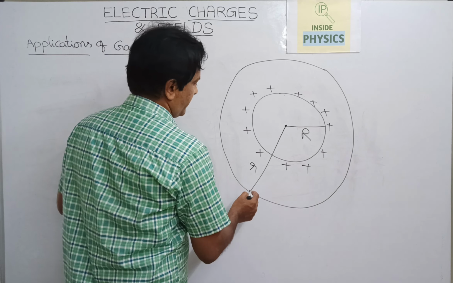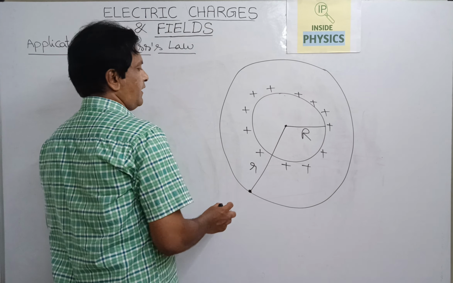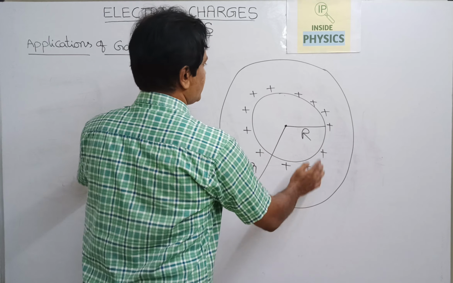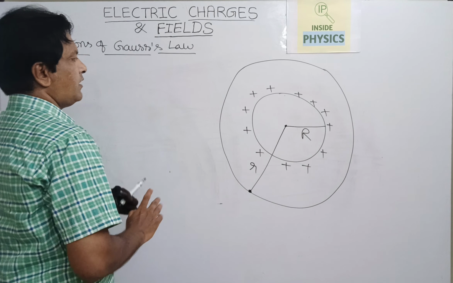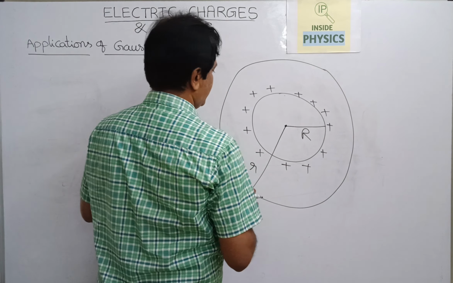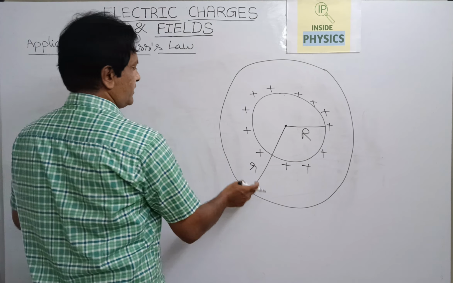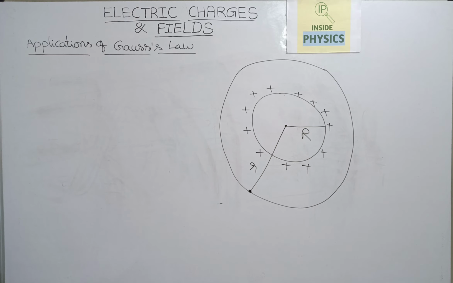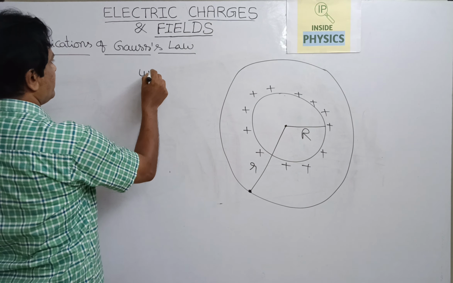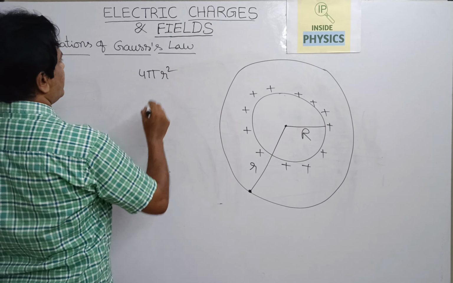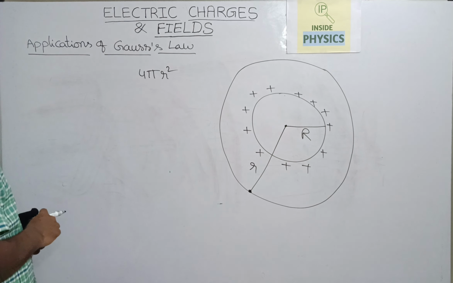So the surface area of this outer sphere which we have imagined is nothing but, what is the area of the sphere? We know the formula. Area of the sphere is nothing but 4 pi r square, where r is the radius of the sphere.